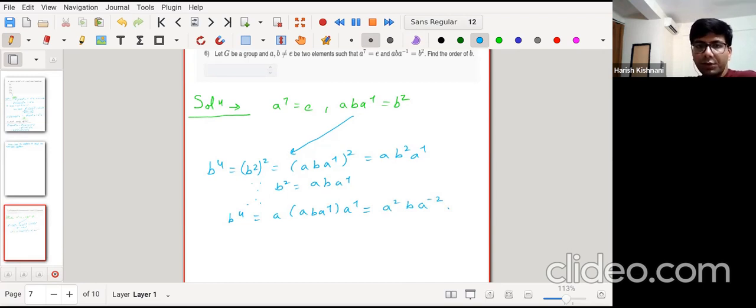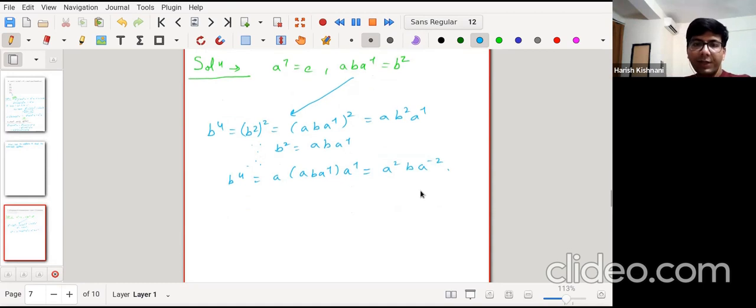So if we want to use this a^7 equal to identity, we need to take this power to a raised to 7. Then this will be cancelled out, and this inverse power of a will be cancelled out. You will have some power of b equal to some other power of b. Then you can try to obtain the order of b. So we need to follow this process until we get a^7 equal to identity. Either you can do the same thing, square it, and you will get a cube b a minus 3 and so on.